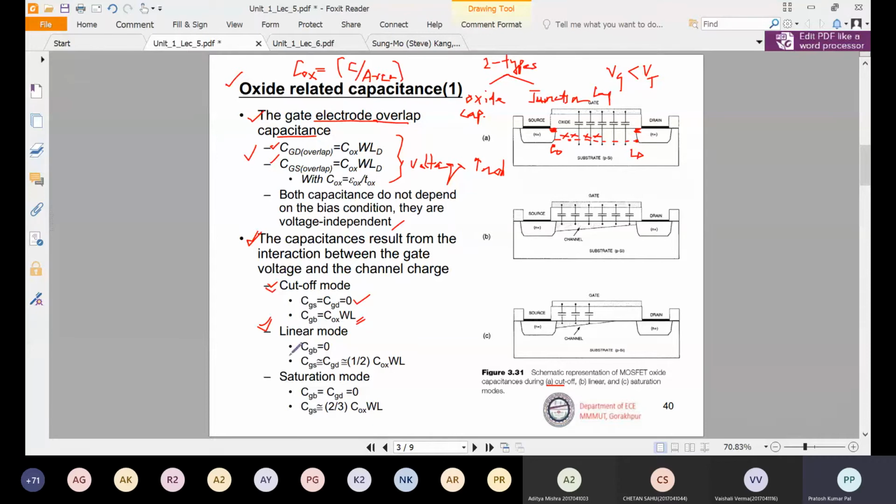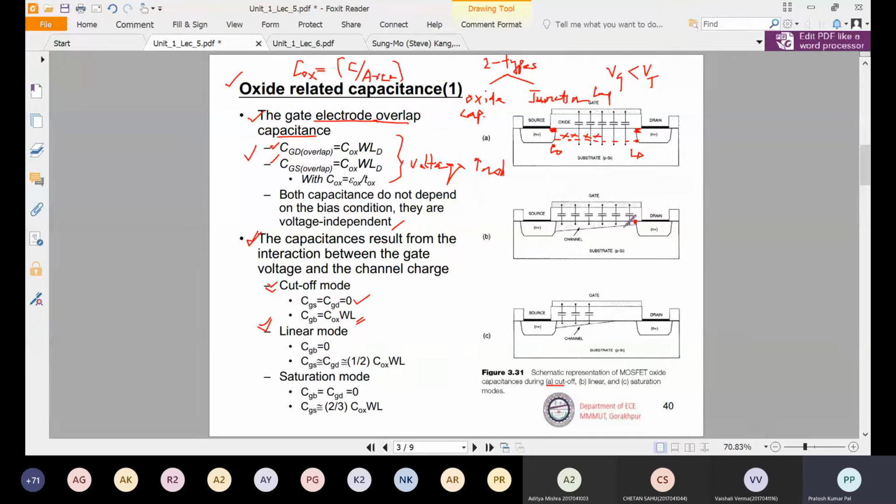Similarly, if the MOSFET is operating in the linear region, there will be no pinch off point. Before the pinch off point, even if the channel is tapered, but it is not reaching the pinch off point, it is considered a linear operation. In linear operation, we can see the channel is tapered, having more length on the source side and less length on the drain side.